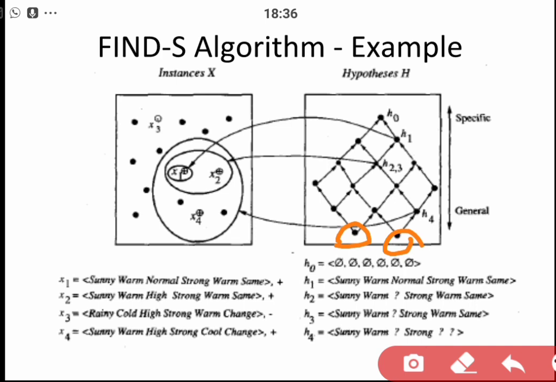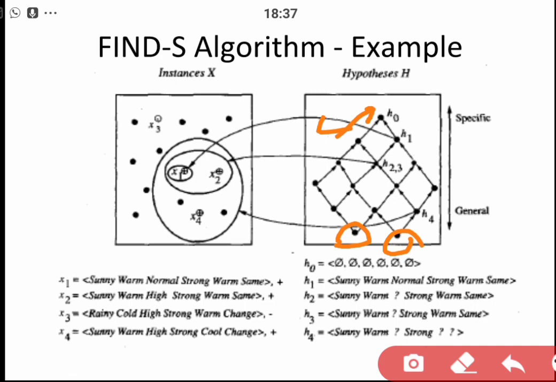In a lattice, when we consider the relationship among these points, how they are connected to each other is given by the specific or general relation. H4 is more general than your H2 and H3, H1 is more specific than your H2 and H3, and H0 is more specific than your H1.